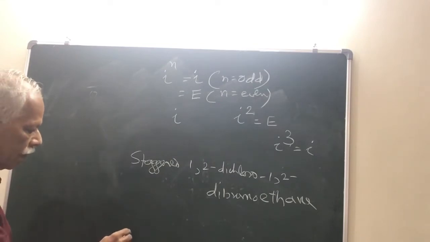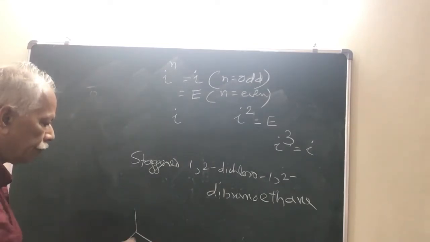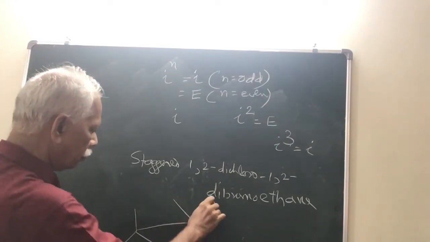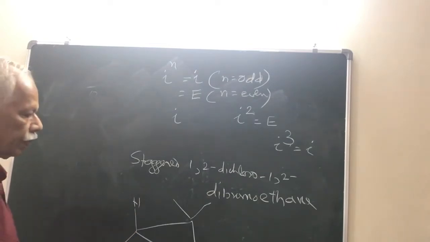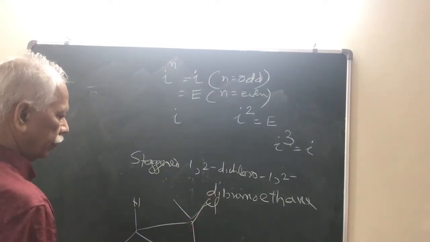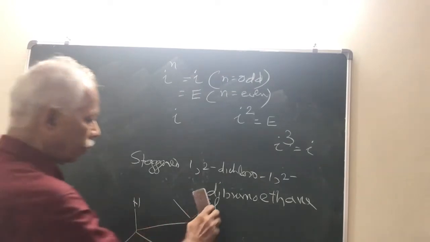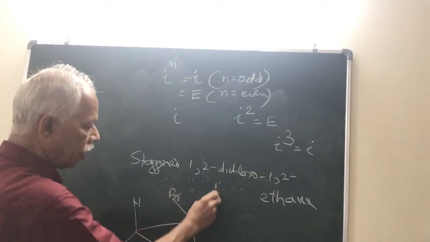I'll write the Sawhorse projection. Hydrogen, chlorine, bromine, chlorine, hydrogen is here, bromine is here, chlorine is here.